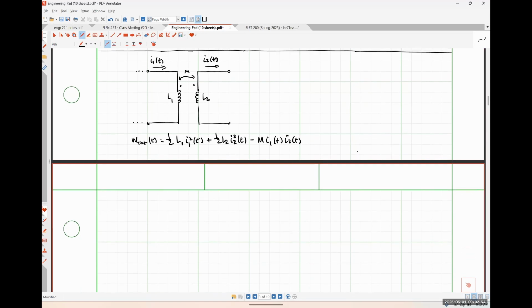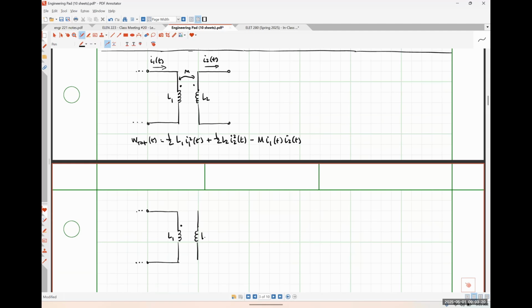If we have the situation where we have dots on opposite sides, so here's L1 dot on top.